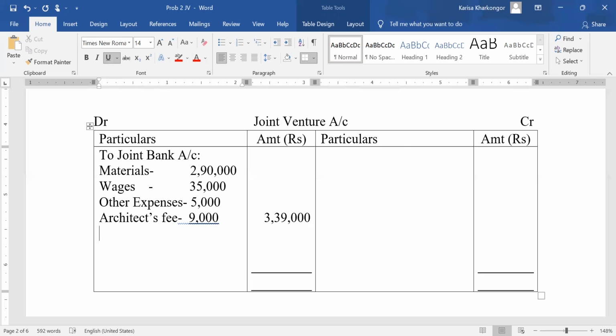Next, we have to make entry for the expenses paid by the venturers. For expenses paid by the venturers, we debit the Venturers account.